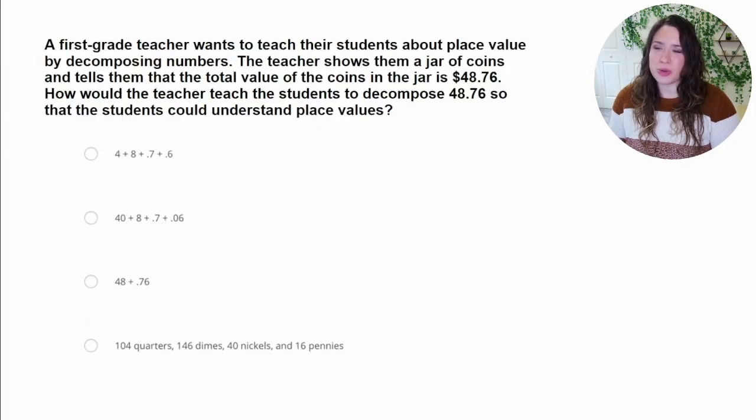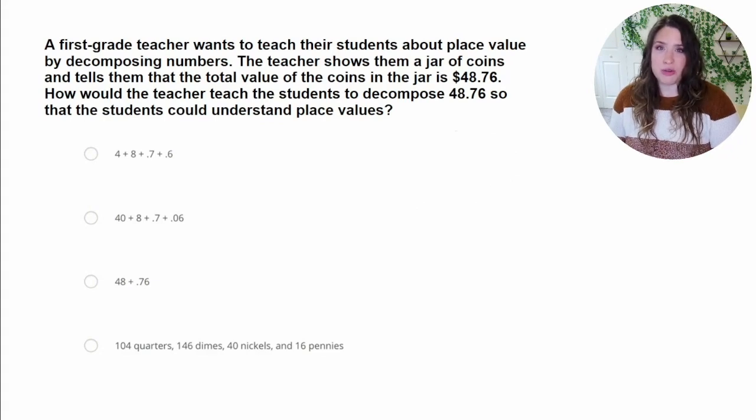A first grade teacher wants to teach their students about place value by decomposing numbers. The teacher shows the jar of coins and tells them that the total value of the coins in the jar is $48.76. How would the teacher teach the students to decompose 48.76 so that the students could understand place values?